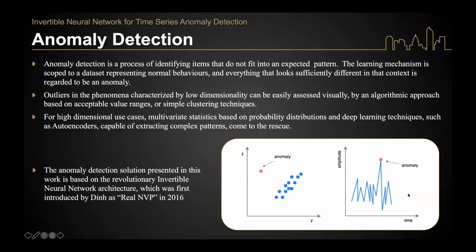And then if it encounters something it has not seen, which stands out, it has trouble reconstructing it. It hasn't learned that, so that's how we know that something is off and something is different.